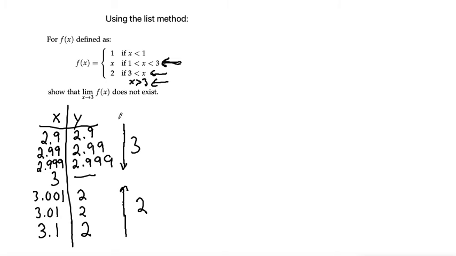So the limit would exist if these two numbers, on the left-hand side and the right-hand side of the value of x that we're looking at, were equal. But when these two numbers are not equal, as in this case, that means that the limit does not exist.